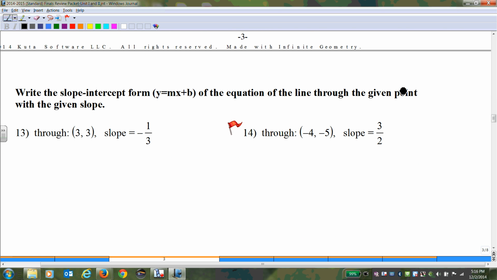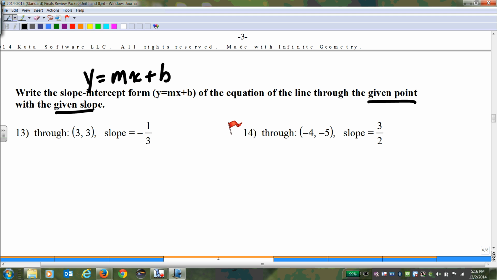It says write the slope-intercept form of the equation through the given point and a given slope. So slope-intercept means y equals mx plus b. Let's look at what we have. Y equals mx plus b. We need two things.